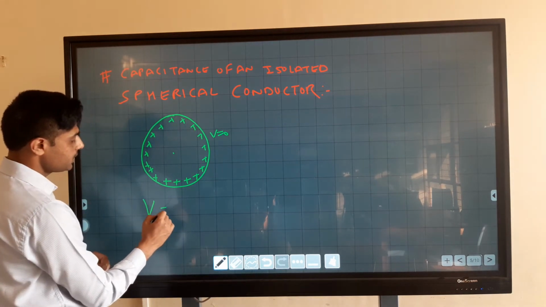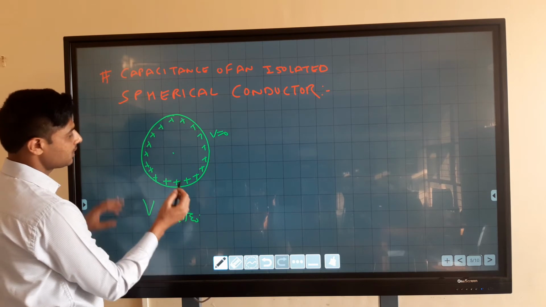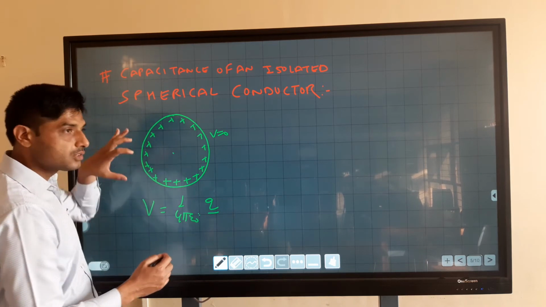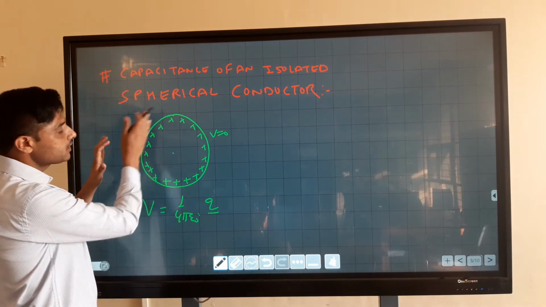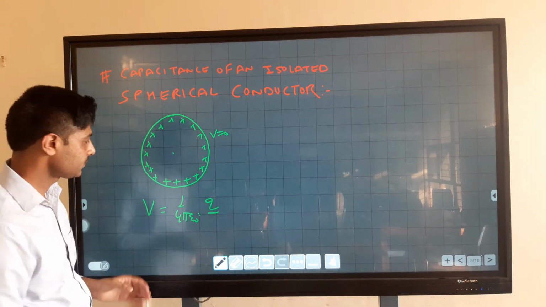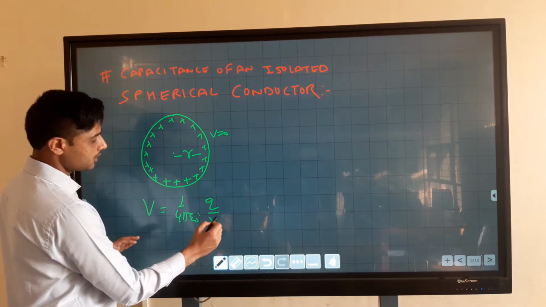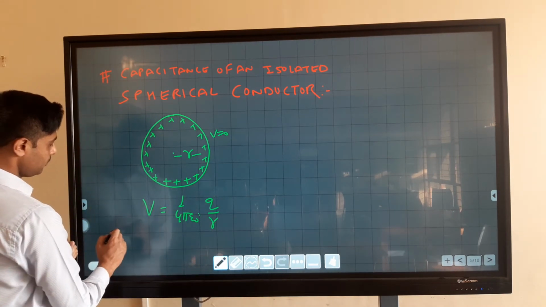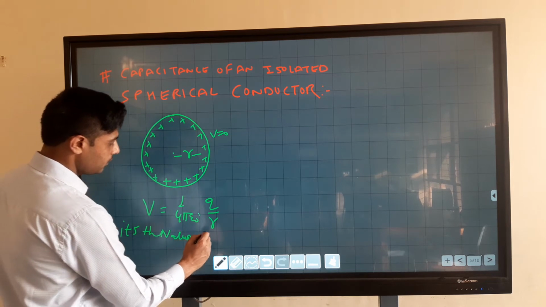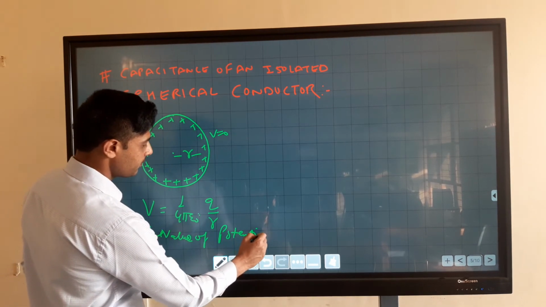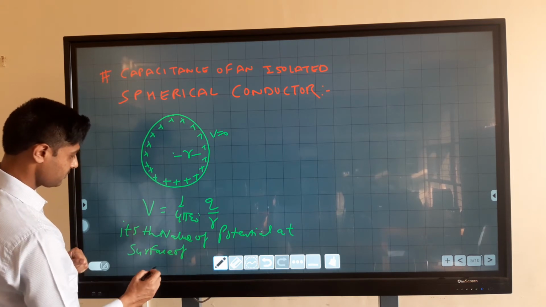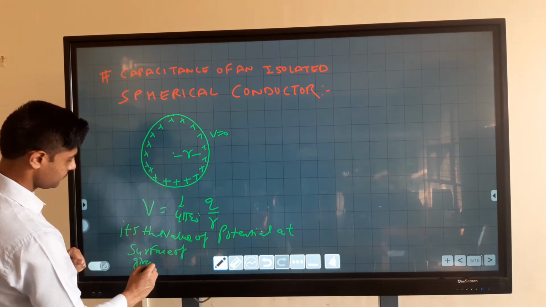So electric potential V = 1/(4πε₀) × Q/R, where Q is the charge located at the center of the sphere, which behaves like a point charge, and R is the radius of the sphere. This is the value of potential at the surface of the given sphere.